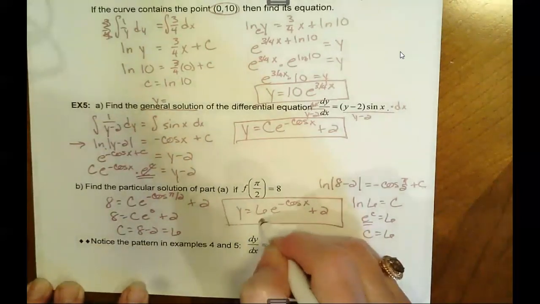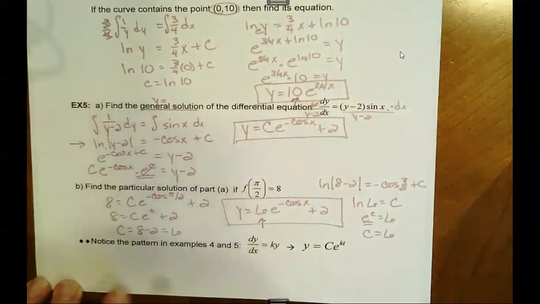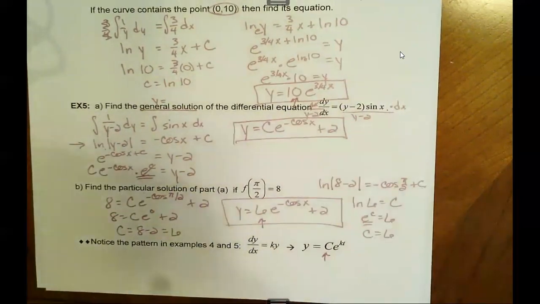This number here in front, our C value, it always ends up being a part of our point that was given. So here's what I'm saying.